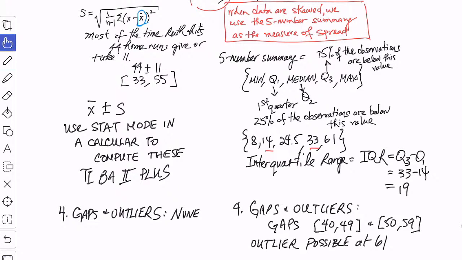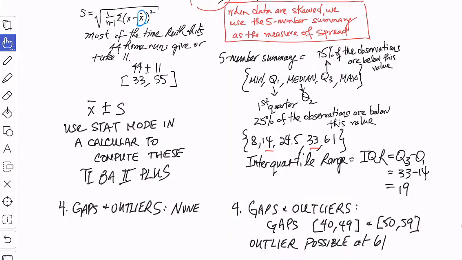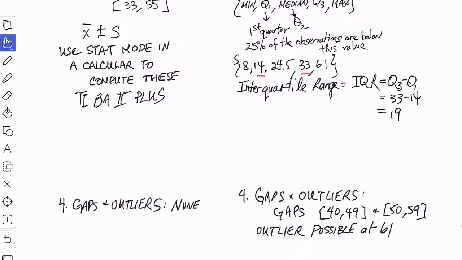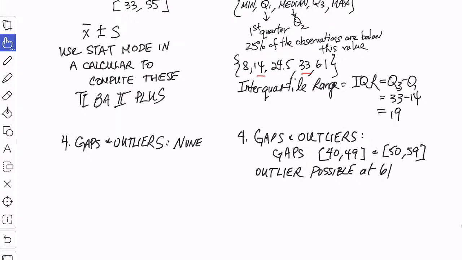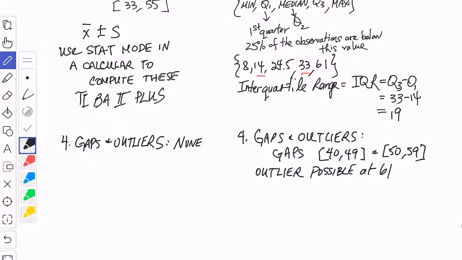So to check for an outlier, we're going to verify.